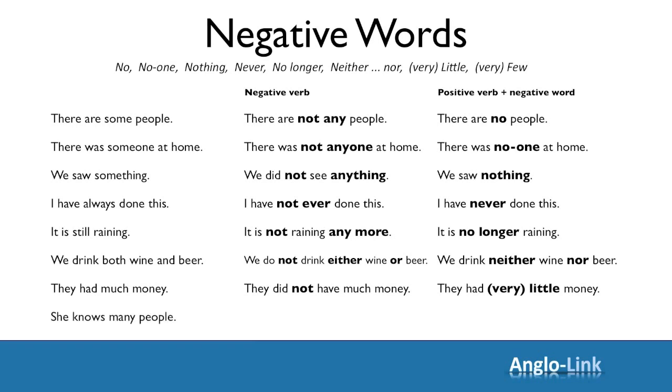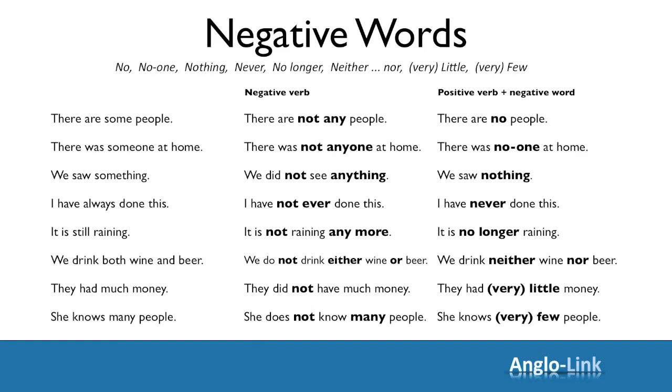She knows many people. She doesn't know many people. Not many can be replaced by the negative expression few or very few. She knows few people. She knows very few people.